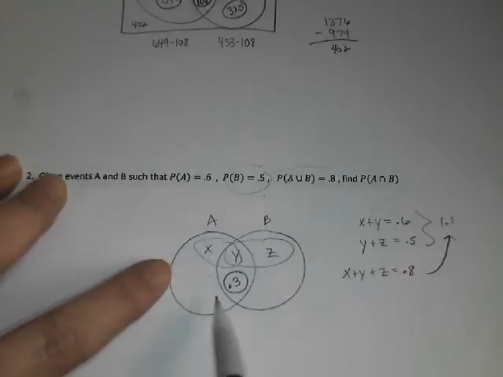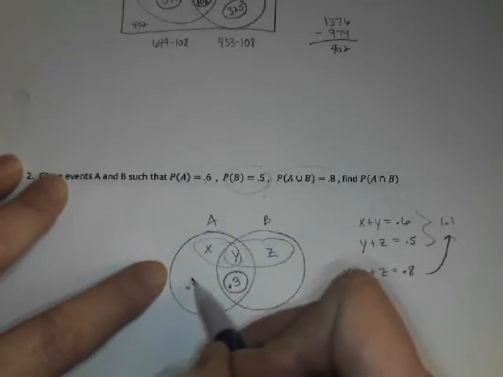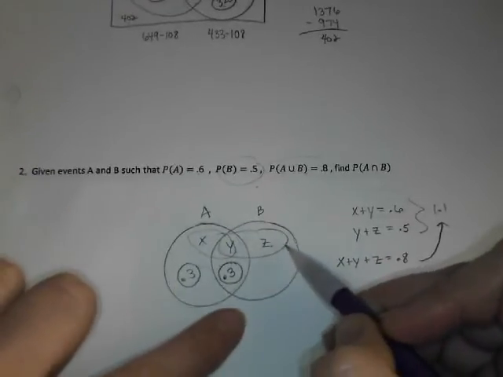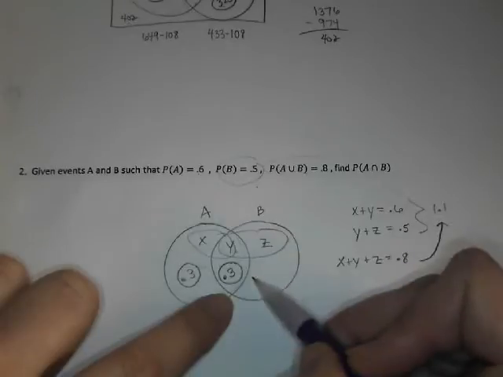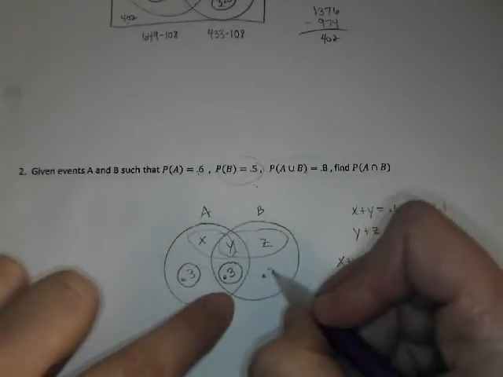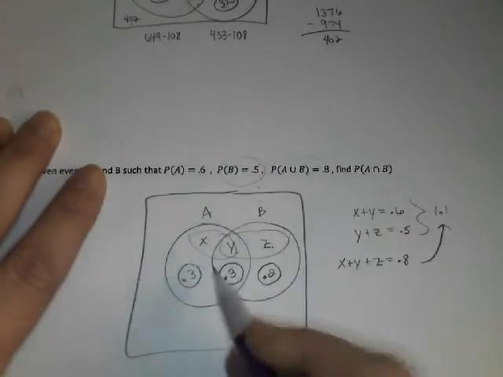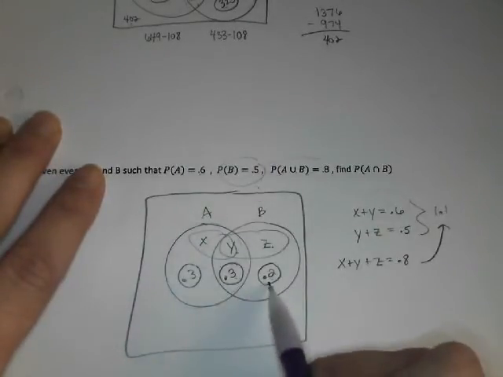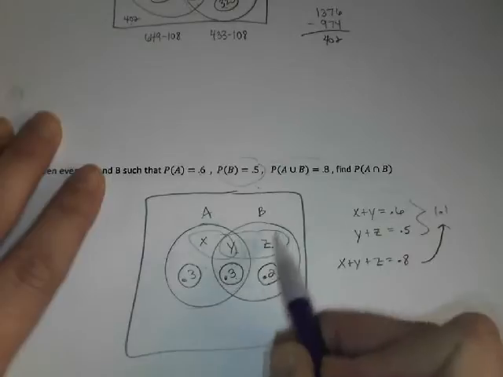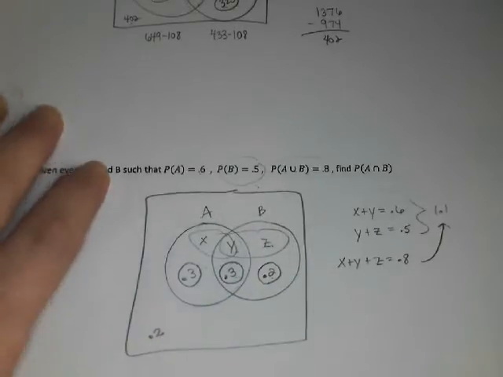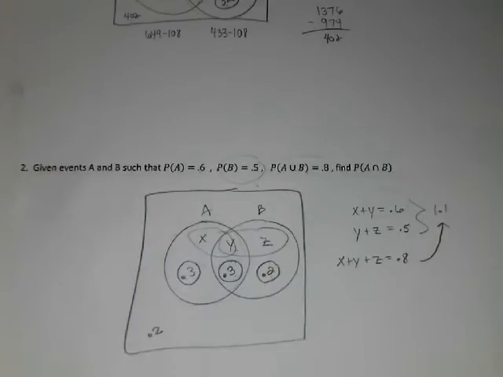If your total in circle A was supposed to be 0.6, then we have another 0.3 right here. And if our total in circle B was supposed to be 0.5, 0.3 and 0.2 would make 0.5. So far, 0.3, 0.3, and 0.2 add up to 0.8, which means 80%, which means that 20%, or 0.2, falls in neither A nor B.